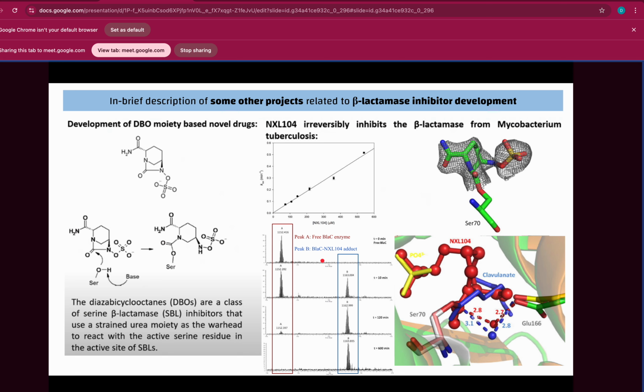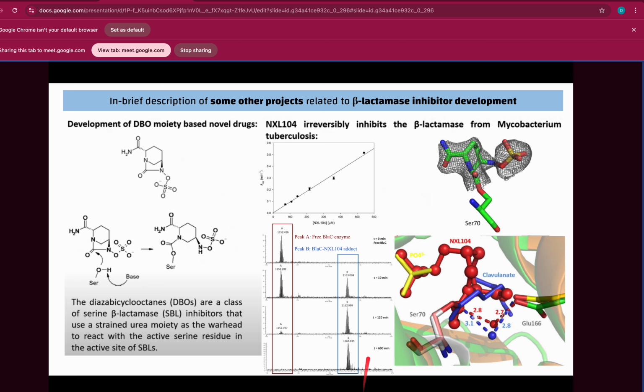So this is to show you. This A peak represents the free beta lactamase C enzyme, and these blue peaks tell you the beta lactamase enzyme complexed with the NXL104, which is my drug, you can say, the inhibitor which inhibits the beta lactamase.